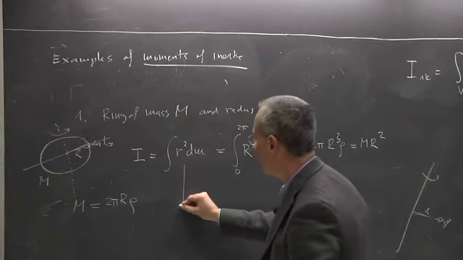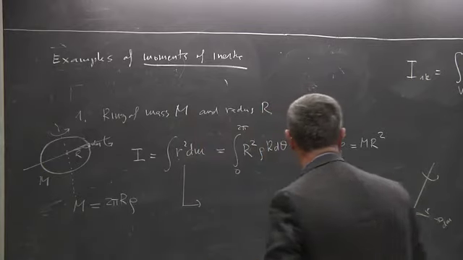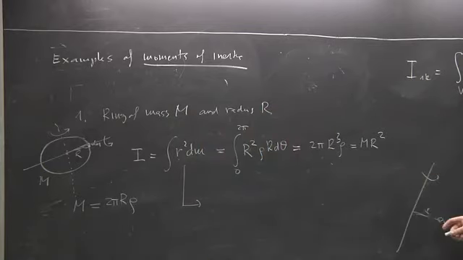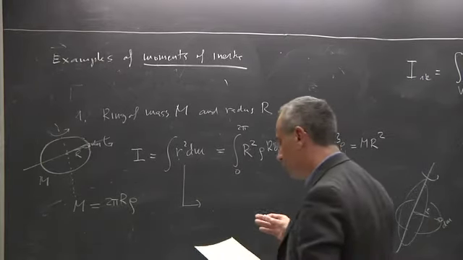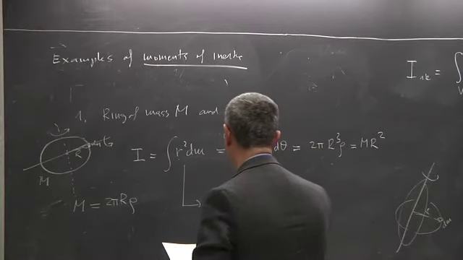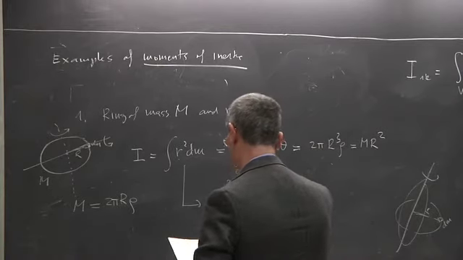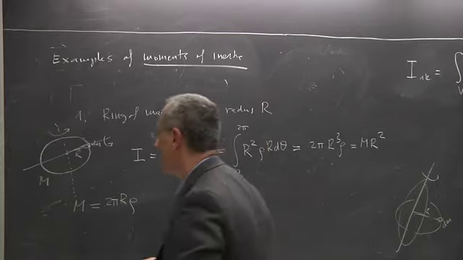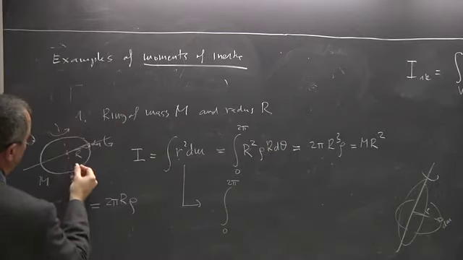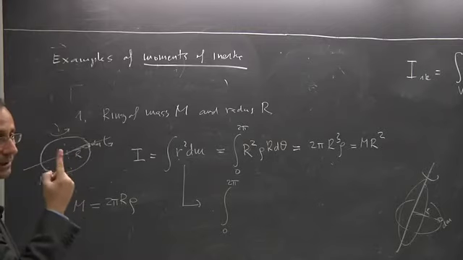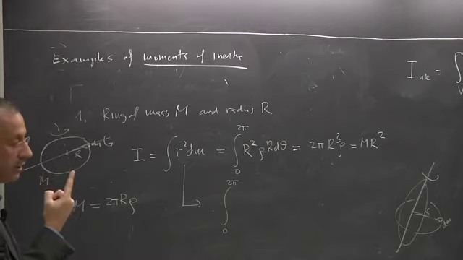So this is the same, this is just the definition. But now the problem is that instead of being a ring like this, it is a ring like this, because I'm rotating about a diameter of my ring. So now I have to do essentially the same integral. But now the r, remember that the r is the distance from the axis about which you are rotating.